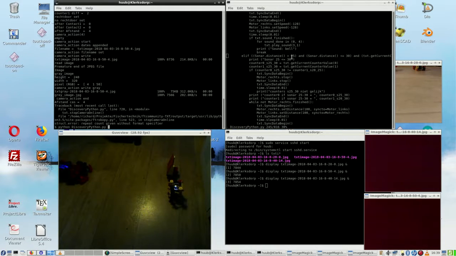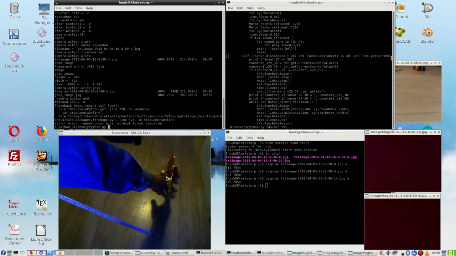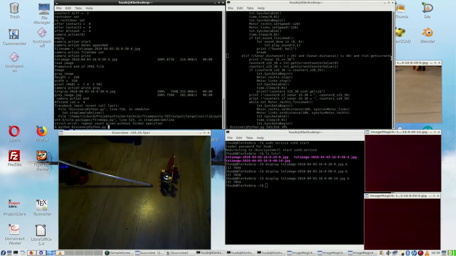If there is any picture, stop at 30 centimeters, and that is of course between. So that means that there should be a stop at, yeah, where exactly? Because the sonar is in the middle. That means that I at least have to put the object there.